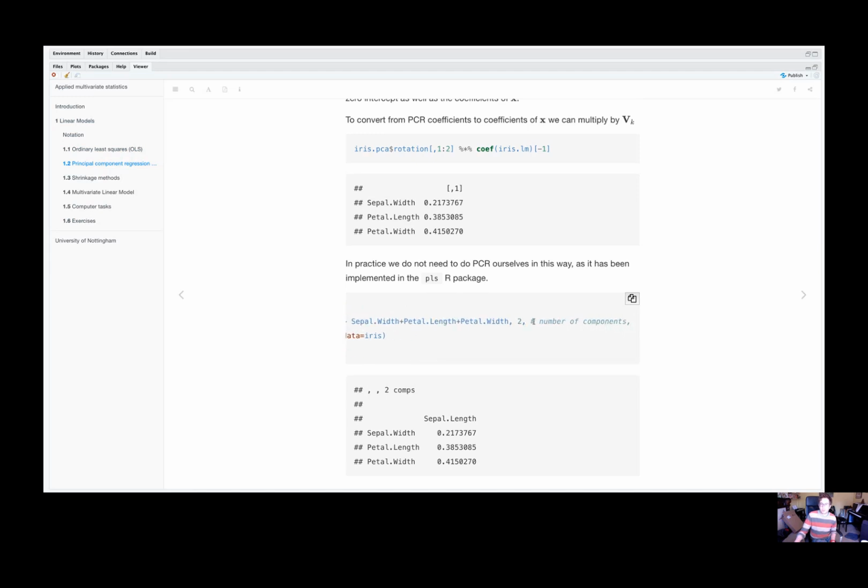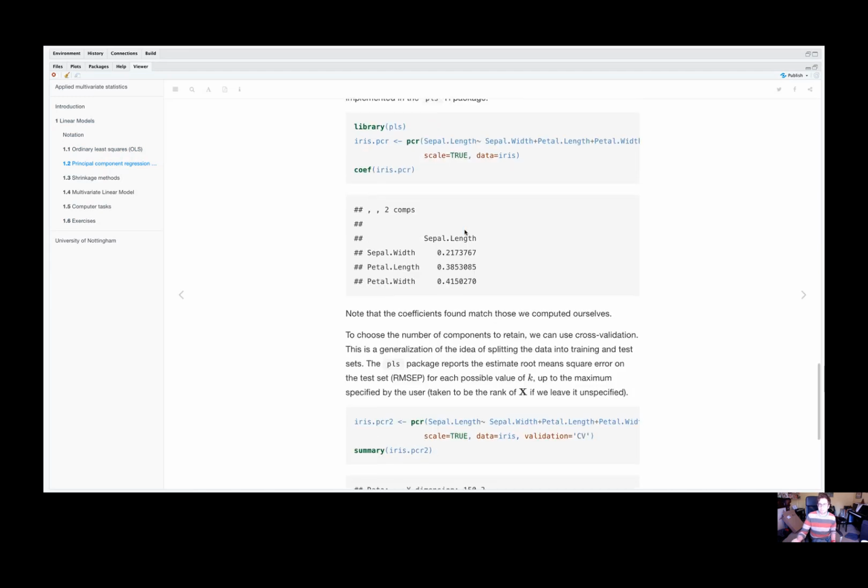Then I've told it the number of components to consider. So I've said 2 components here. And then I've said scale it, because I scaled the data a moment ago. And when we do that, we get the coefficients back again. And you'll see they're exactly the same as we computed: 0.21, 0.38, 0.41.